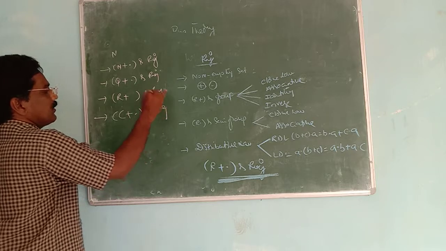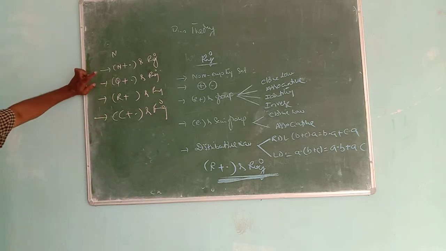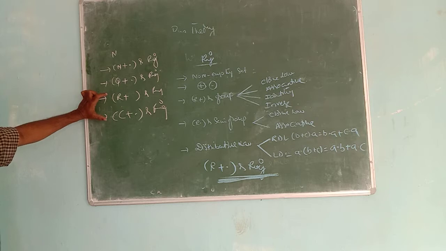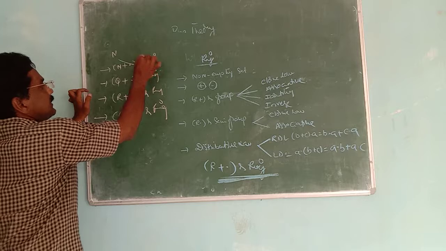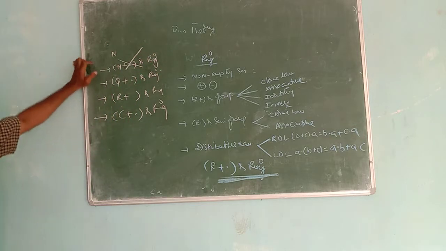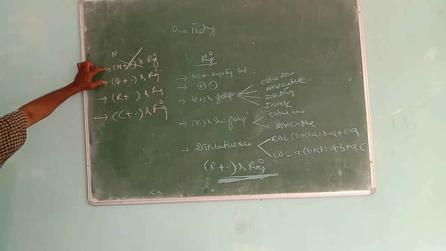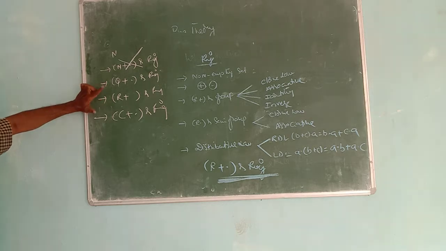In the same way, the rational number set, real number set and complex number set are all rings. But N plus dot is not a ring, because according to addition, the inverse fails in the natural number set. So the remaining three are proved to be rings.